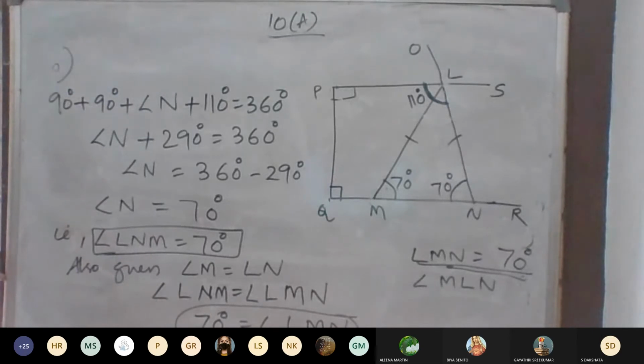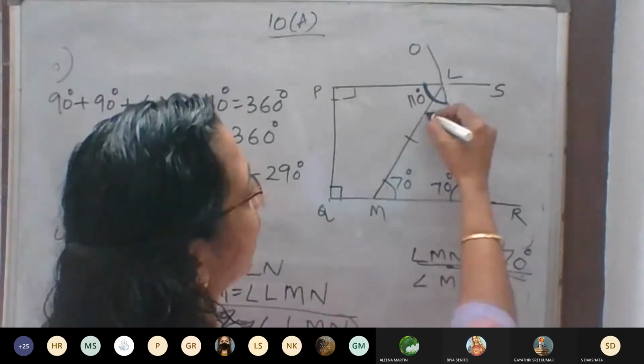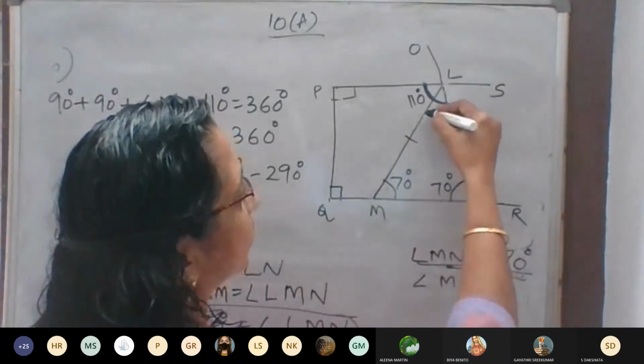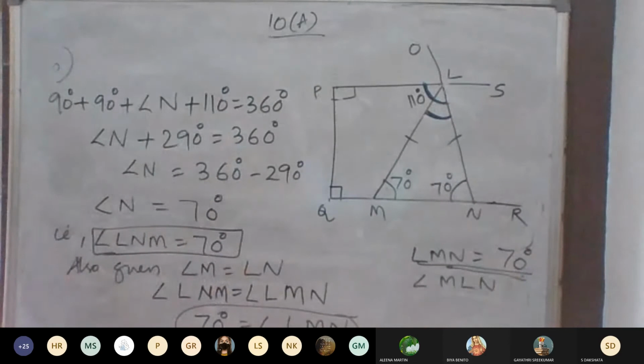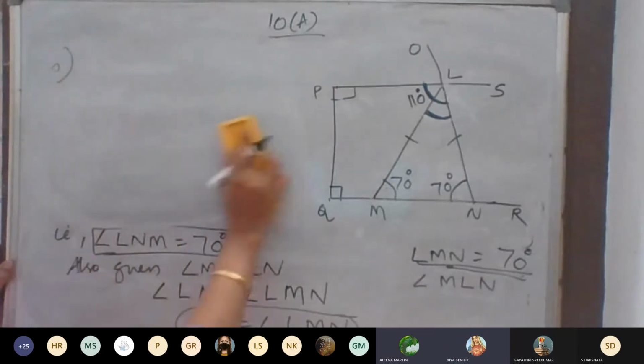Next, we have to find out MLN. Two angles we have, 70, 70 we have. 180 minus 70 plus 70.